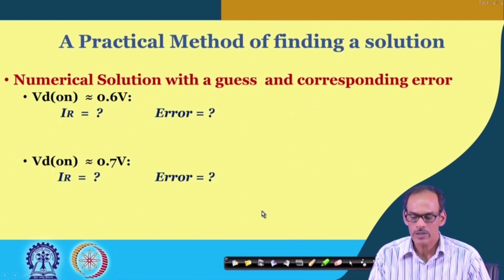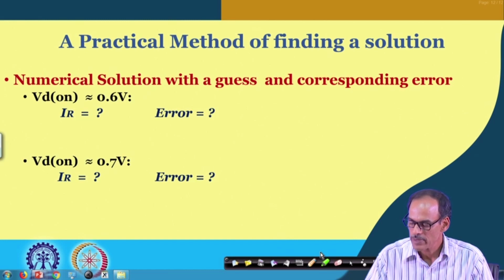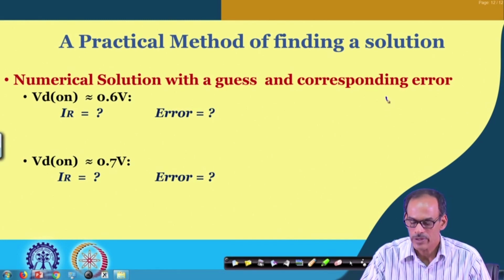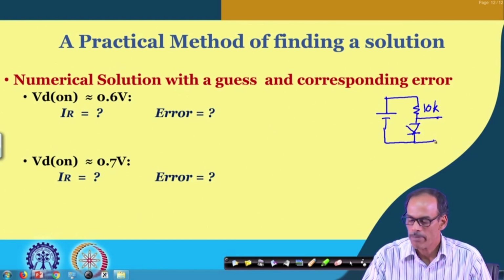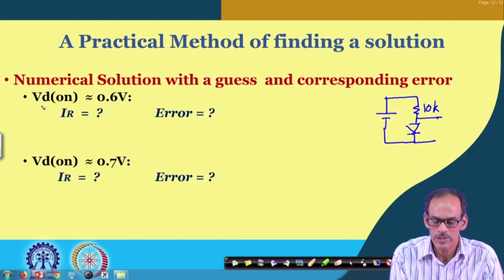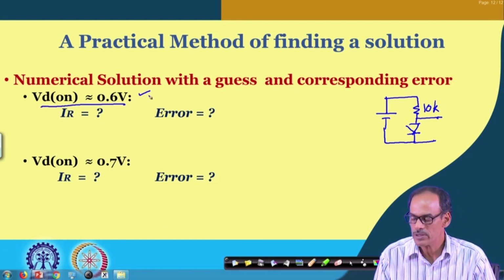Yes, if we consider the same numerical problem, namely if I consider the V in here, and then we do have the resistance of 10 k, and then we do have the diode here, and then if we observe the corresponding output, by considering one initial guess, and this initial guess is not just arbitrary.